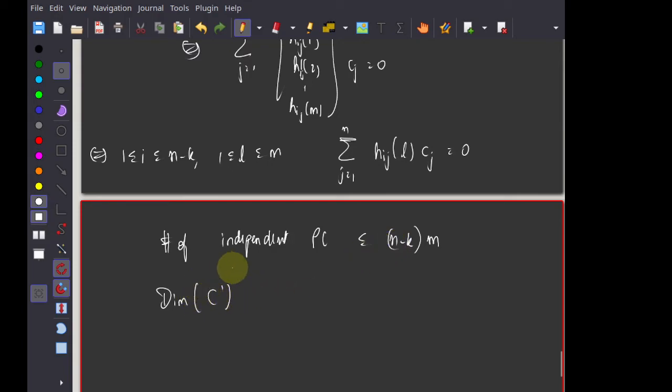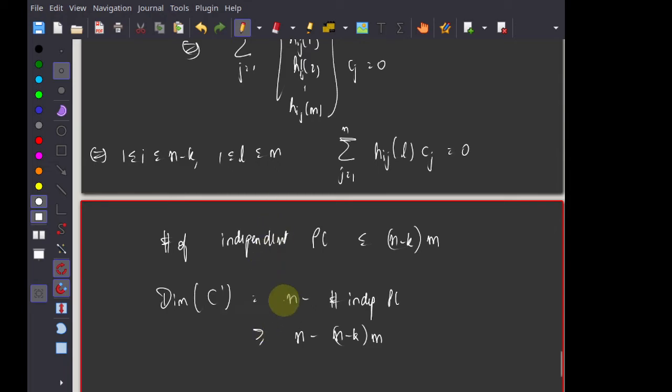So the dimension of this is n minus the number of independent parity checks, which is greater than or equal to n minus (n minus k) times m. It could be larger, but it's at least this amount. I can guarantee that the rate is no smaller than this.